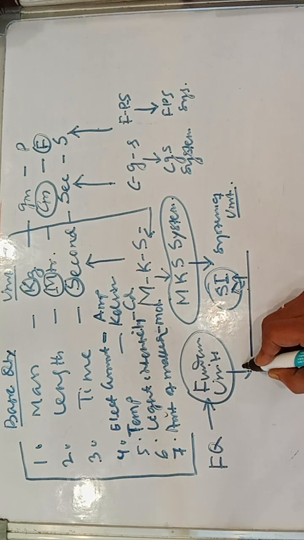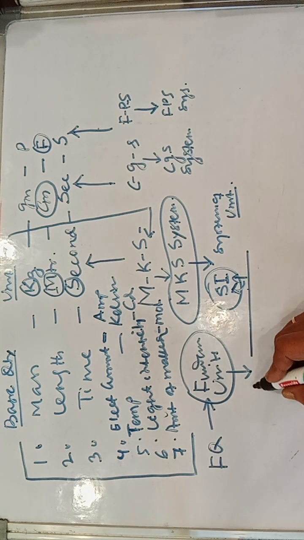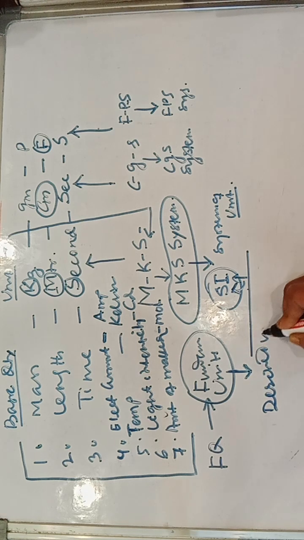All other units are combinations of these fundamental units, or all other units are derived from these fundamental units with due combination, and are termed as derived units.